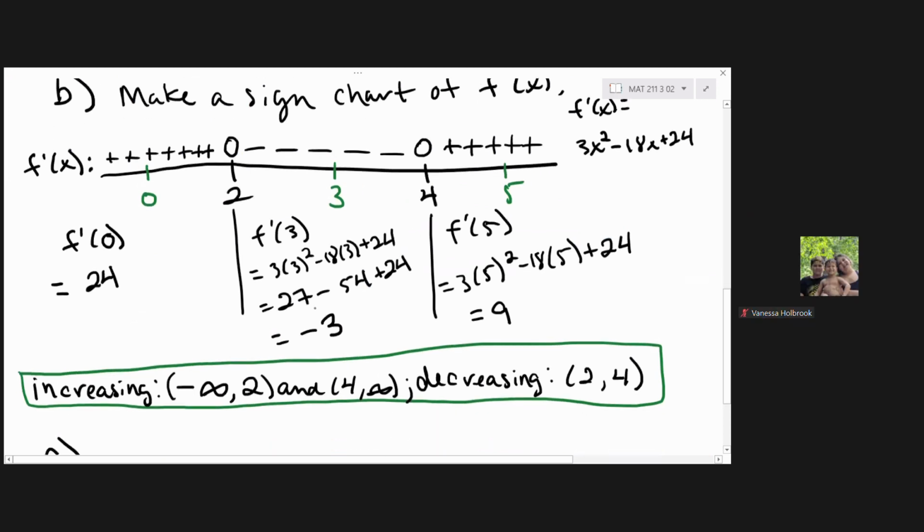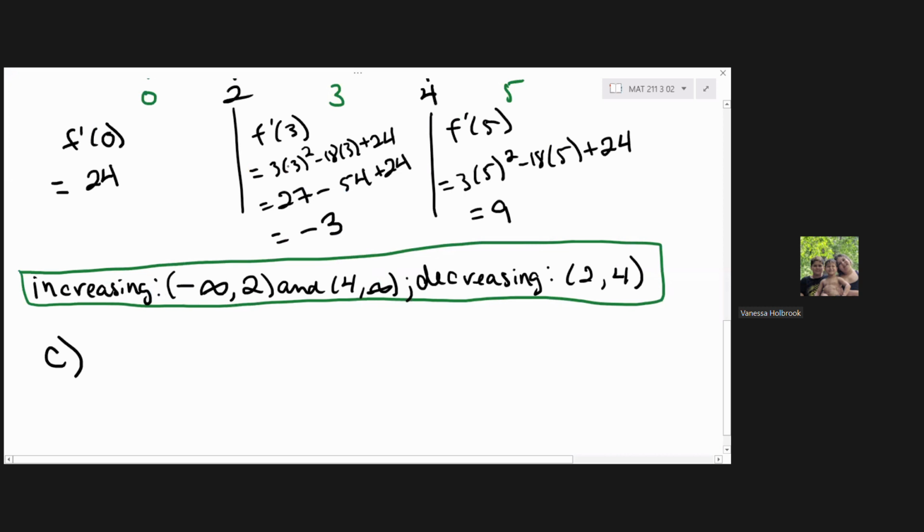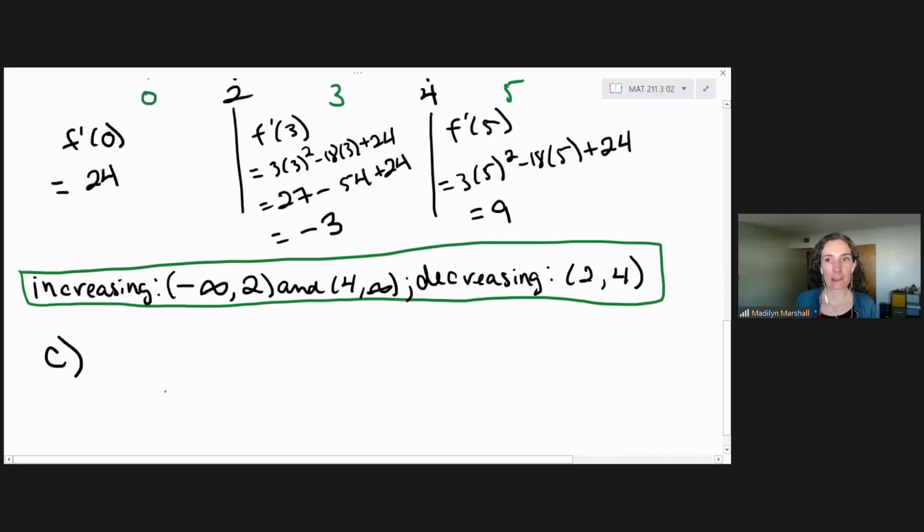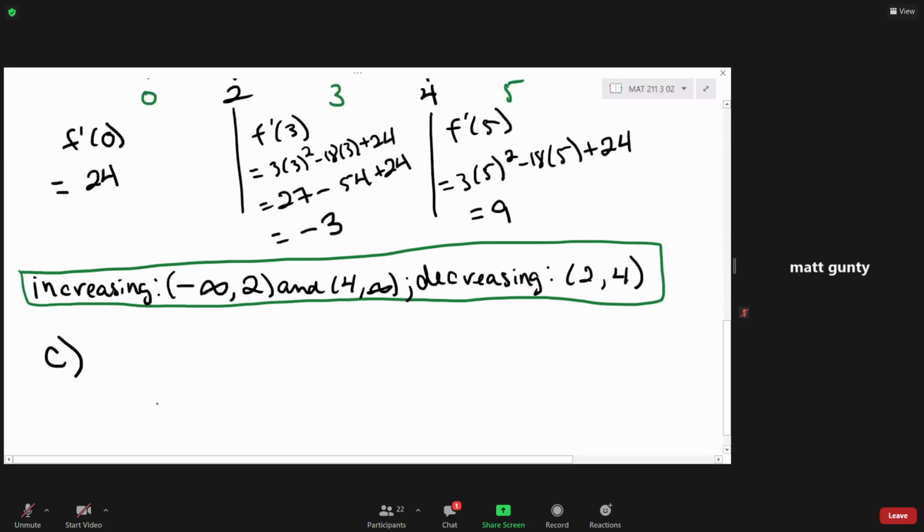It's really choppy, just FYI. Is it super choppy for anyone else? Yeah, you're cutting in and out.